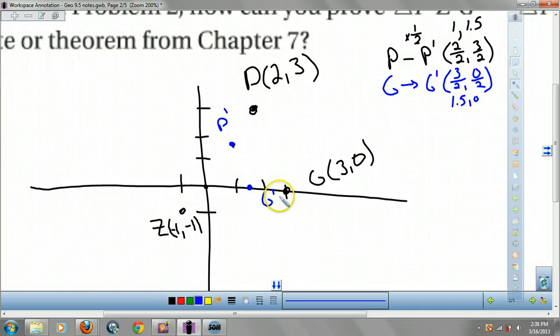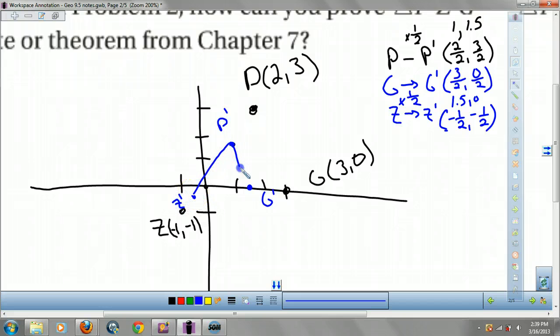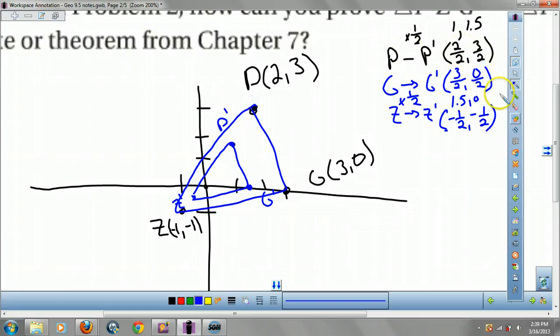And then we'll go with the Z. We're going to times them both by 1/2. -1 times 1/2 is -1/2. -1 times 1/2 is -1/2. So you go -1/2, -1/2. That's my Z prime. So this will be my new triangle with a dilation of 1/2. That was my original.